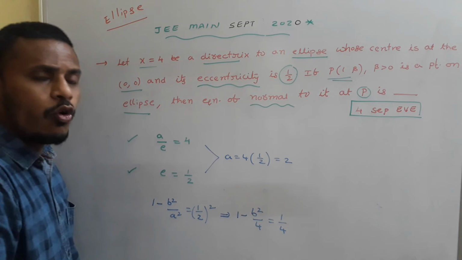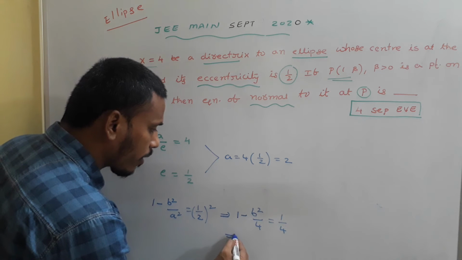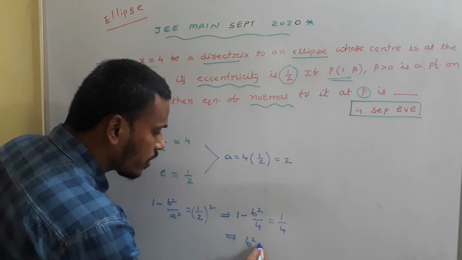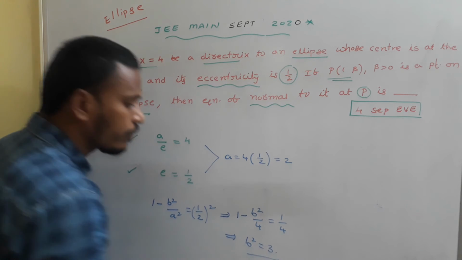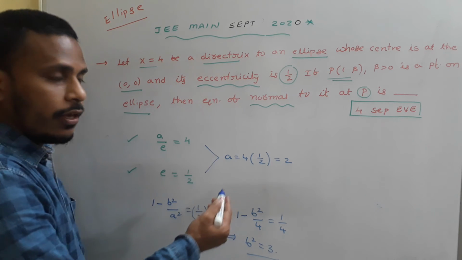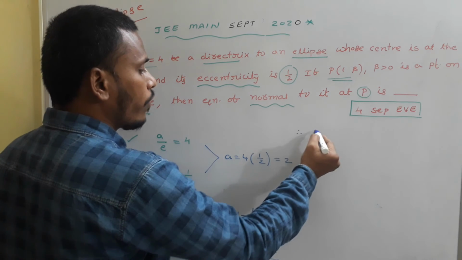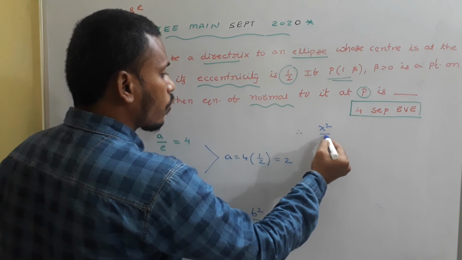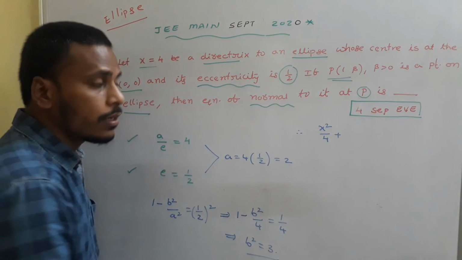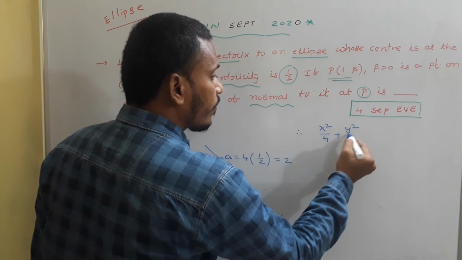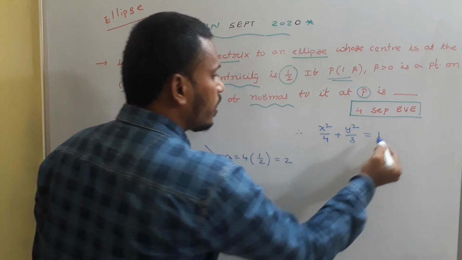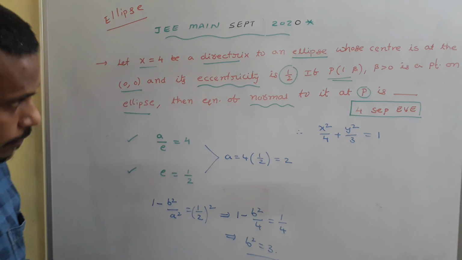Multiply everything with 4 and get the value of b square. So b square is equal to 3, right? We have b square, we have a. So what is the equation of the ellipse? x square by a square, which is 4, plus y square by 3 is equal to 1. This is the equation of the ellipse.